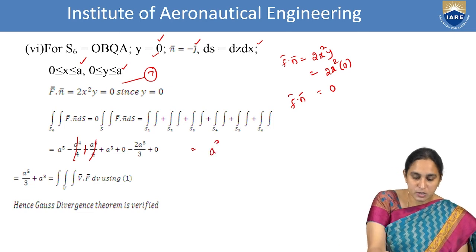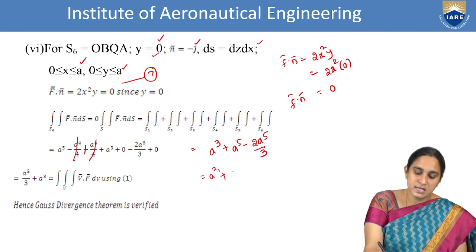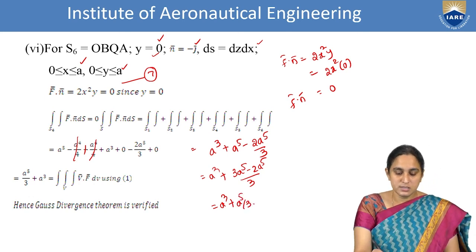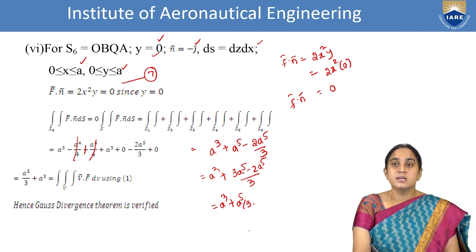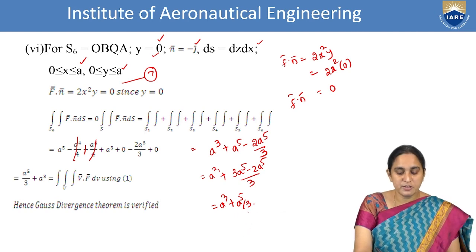The remaining is a cube plus a power 5 minus 2a power 5 by 3. That is a cube plus 3a power 5 minus 2a power 5 by 3. That is equal to a cube plus a power 5 by 3. Okay, this is the final answer for the surface integral on 6 faces, that is a power 5 by 3 plus a cube.